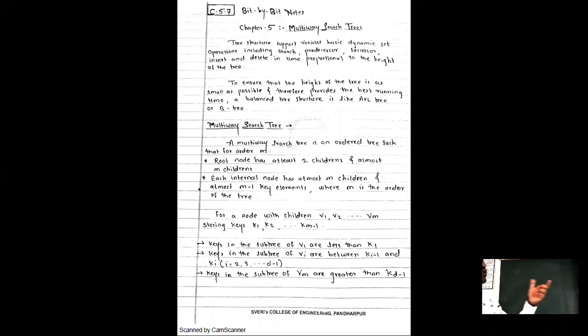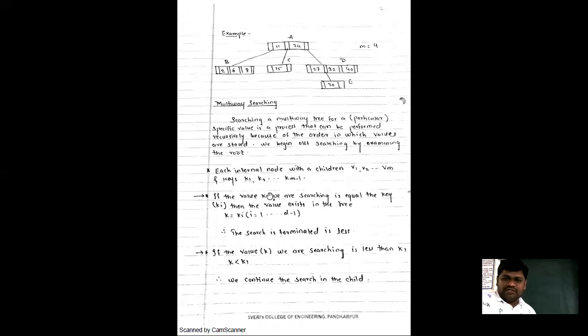We'll see an example so that you are able to understand the concept. Now you can see the next statement: a multi-way search tree is an ordered tree of order M. Now how to consider this tree? We'll go through the diagrams so that you are able to understand.